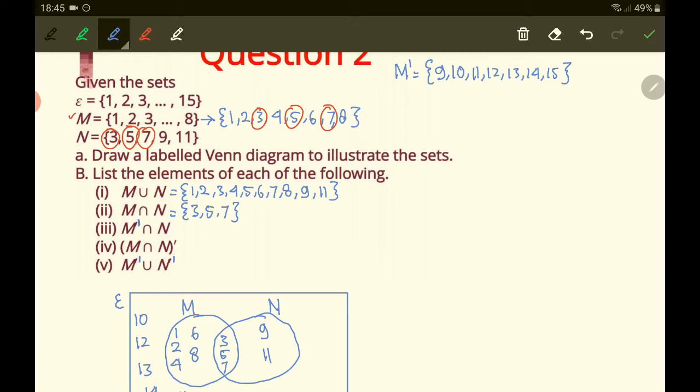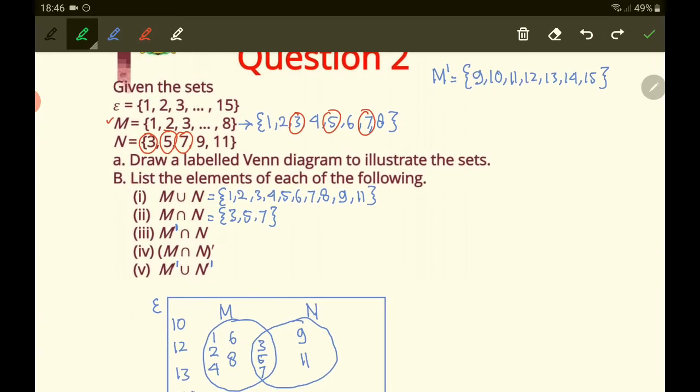Alright, so now we try to find intersection between M complement and N. Okay, so N here we have 3, 5, 7, 9, 11, and then we try to find the common element. So 9 here, this is the common element. Sorry, I want to use green, I think it's better.